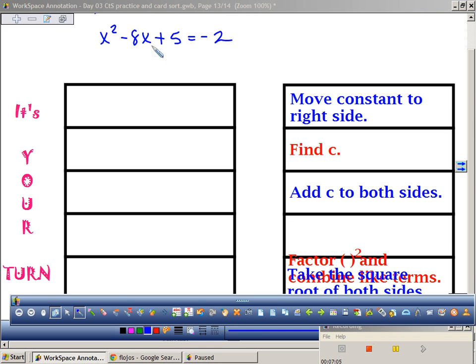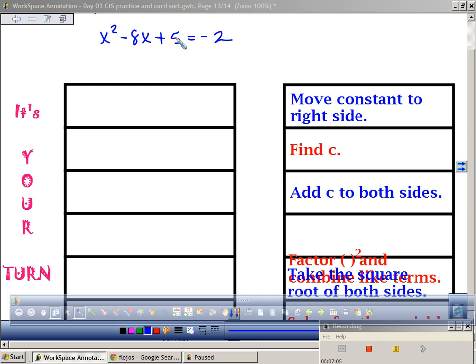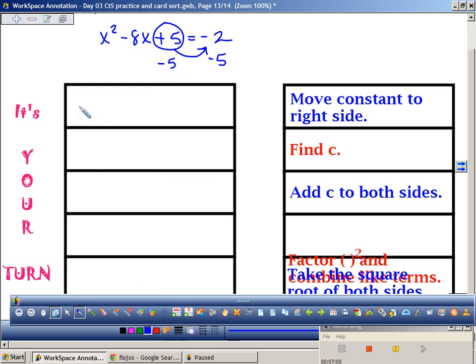Okay, so let's finish this up. So 8 divided by 2 is 4. 4 squared is 16. Does that work for this? No. So what do we have to do with this guy right here? We have to move it to the other side. How are we going to move it? Subtract 5 from both sides. So let's rewrite this.